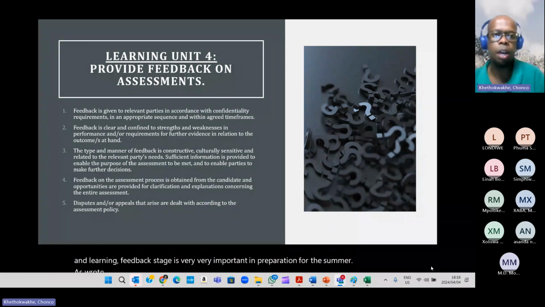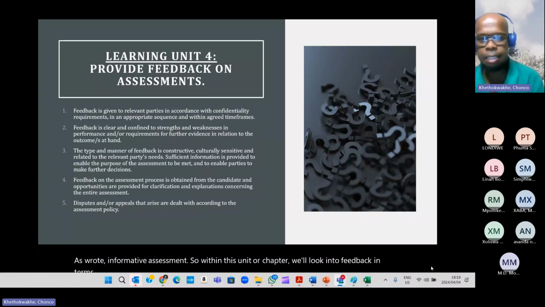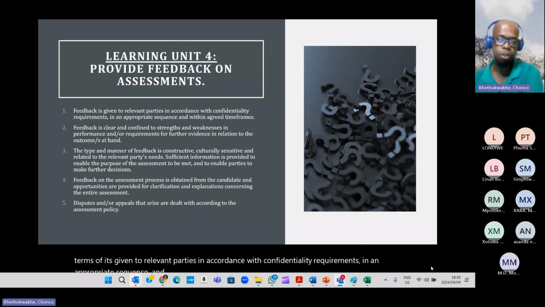So within this unit or chapter, we look into feedback in terms of it being given to relevant parties in accordance with confidentiality requirements, in an appropriate sequence and within agreed time frames.